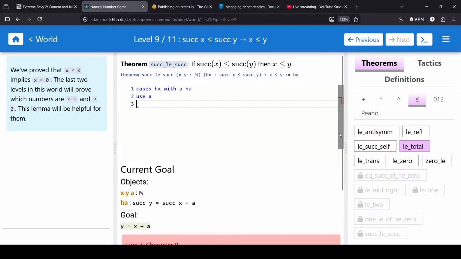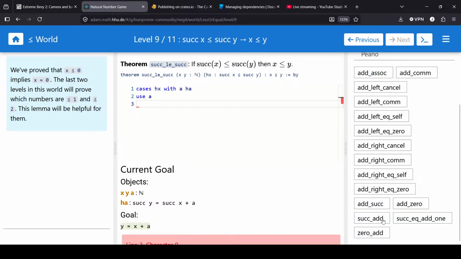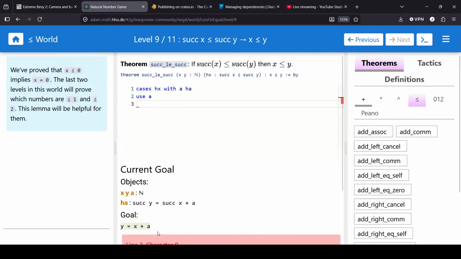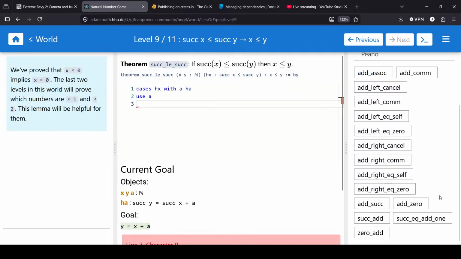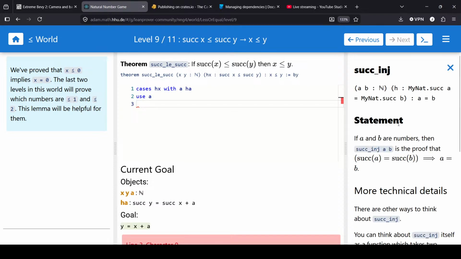Okay, but then how do I get anything out of this? Do I have to add succ again or succ add? I think we need to put a succ around both sides, and I think there's this for that. Except no, it's the other way around.